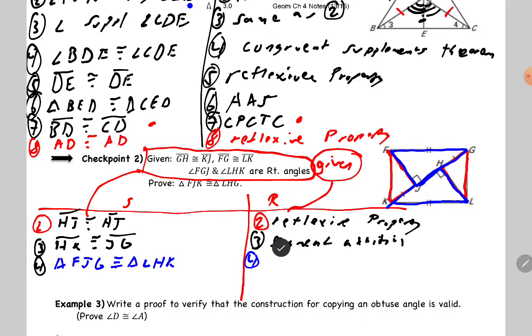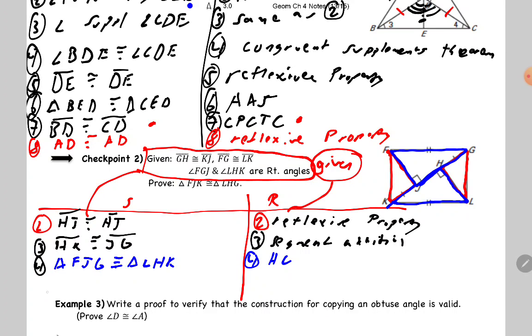And why? Because we have a right angle here, and now we have two sides congruent. So this is the HL postulate. Because we have right triangles, the hypotenuses by that double tick mark, and then we just showed that one of the legs are congruent, KH and GJ.